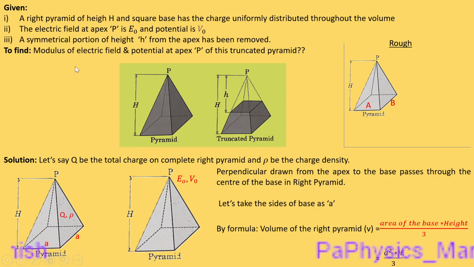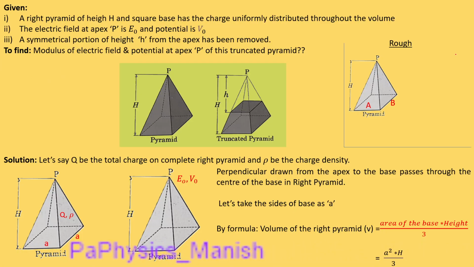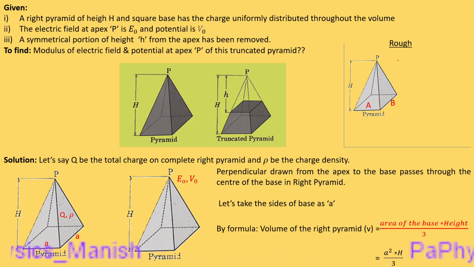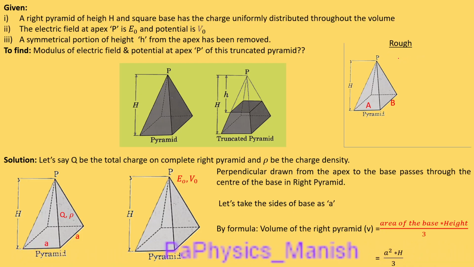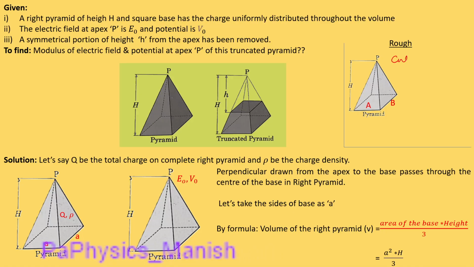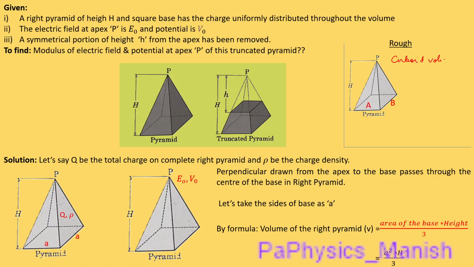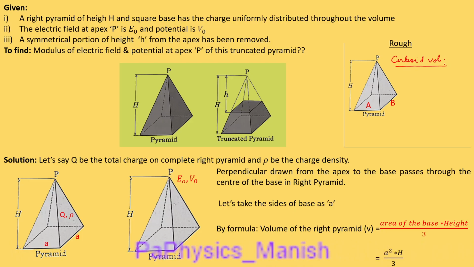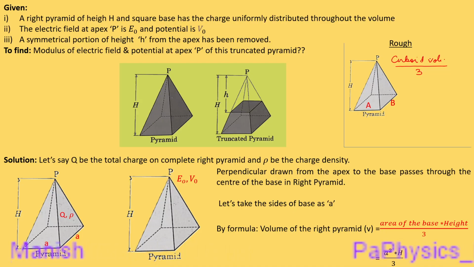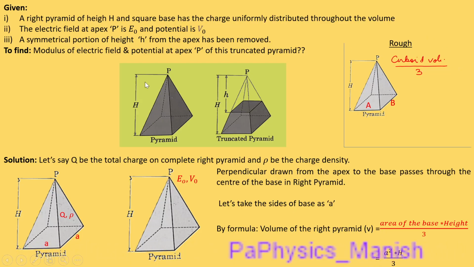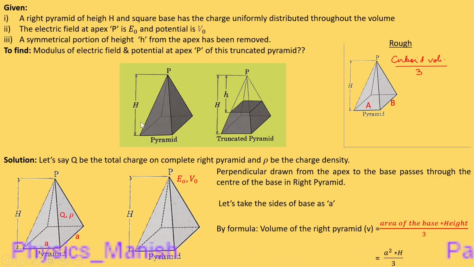Now, what is the volume of the right pyramid? The volume of the right pyramid is the volume of the cuboid divided by 3, meaning 1/3 of the cuboid. And that cuboid is basically with the side this and height h.